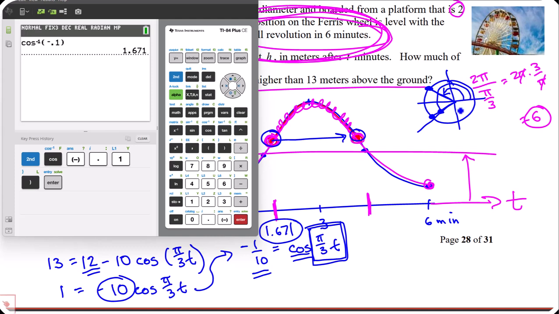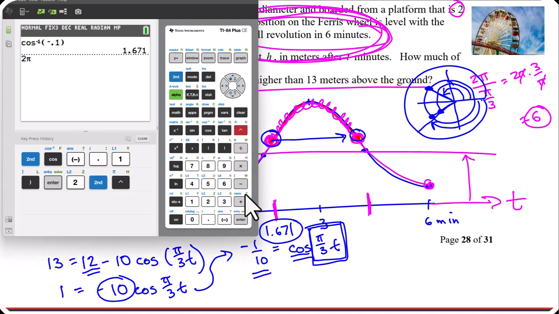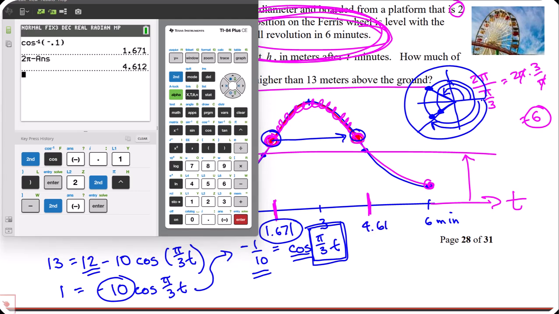Well, isn't that 2 pi? And I can back up that angle I just found. So if I do 2 second pi, subtract the angle I just found, that's my answer, second answer, and enter. And this one right here is 4.612.